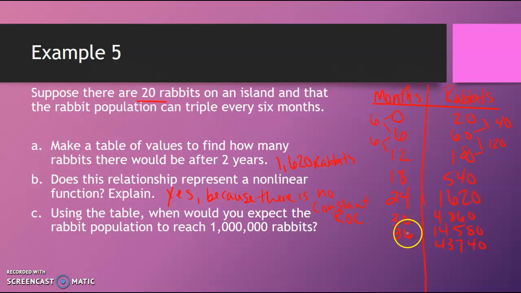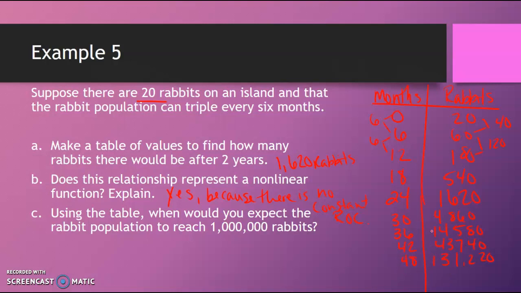And then 36 plus 6 is 42. We're going to take that number times 3, and we've now got 131,220. So we haven't quite reached the million. And so that is after 48 months.